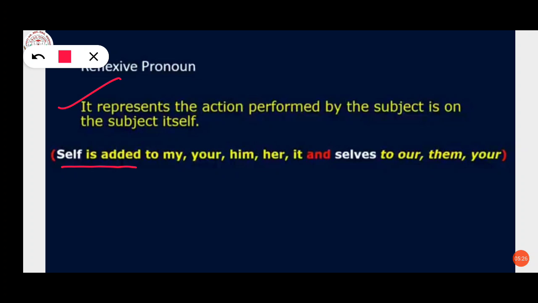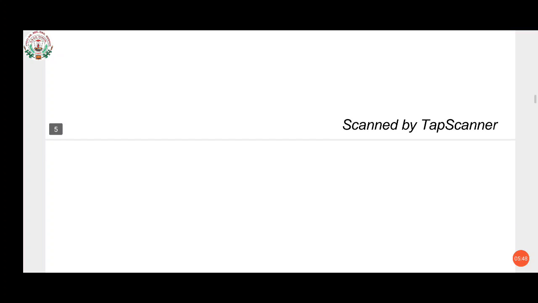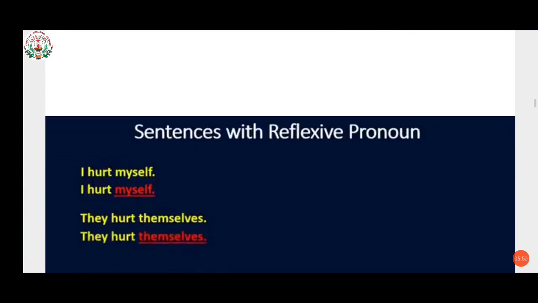And selves, as you can see here, self is the singular one and selves is used for the plural one. So with self we use the singular one, and with selves we will use ones like our, them and your, that is plural. So let's see the example of this reflexive pronoun for understanding in a better way.